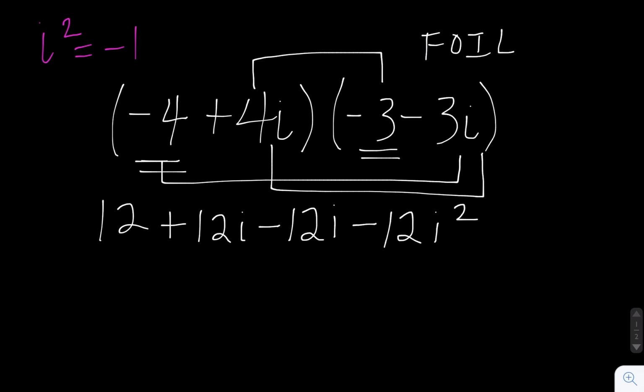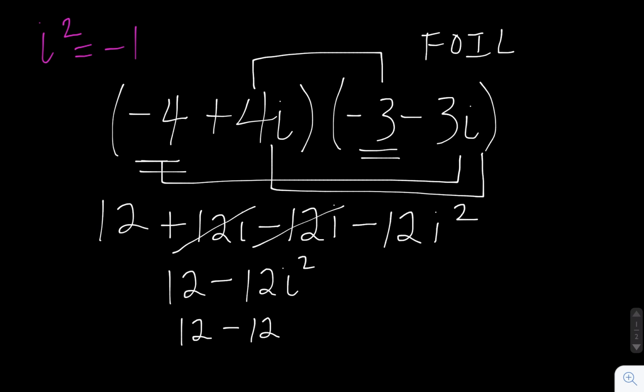So what happens? We have a plus 12i and a minus 12i. These cancel. So what are we left with? We have our 12 minus 12i squared. Well, what did we say i squared is equal to? -1. So that's 12 minus 12 times -1.